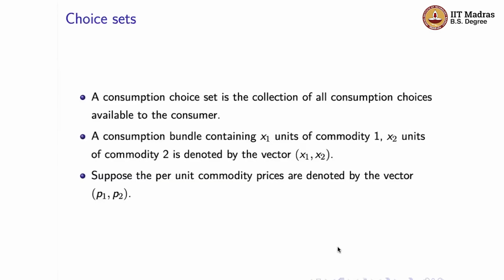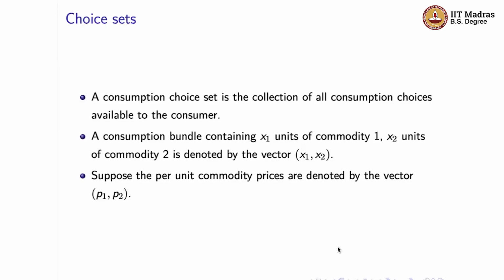Let's say the consumer is thinking of purchasing X1 units of commodity one and X2 units of commodity two. At its simplest level, the choice set characterization has to tell us whether this bundle X1, X2 is affordable for the consumer or not.